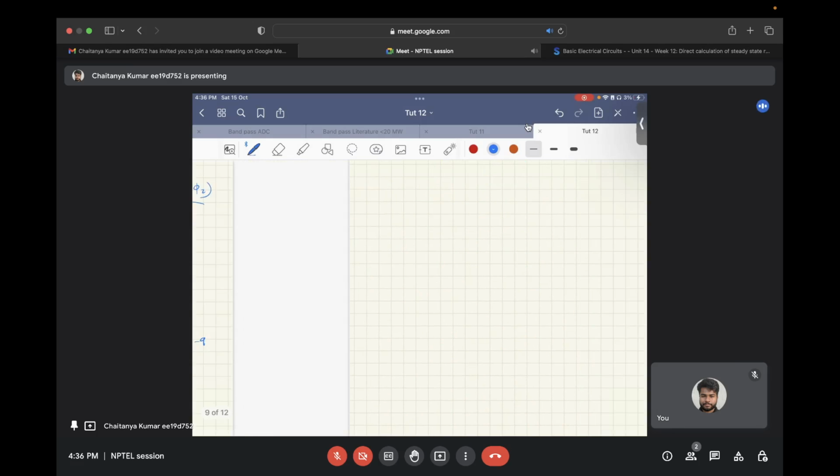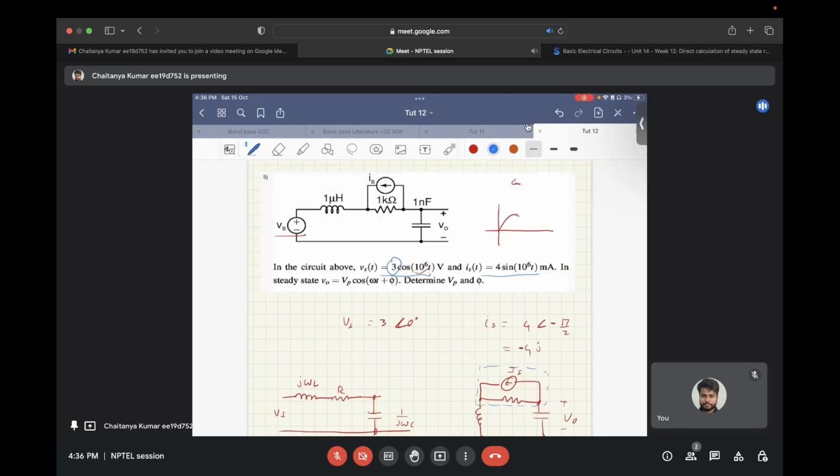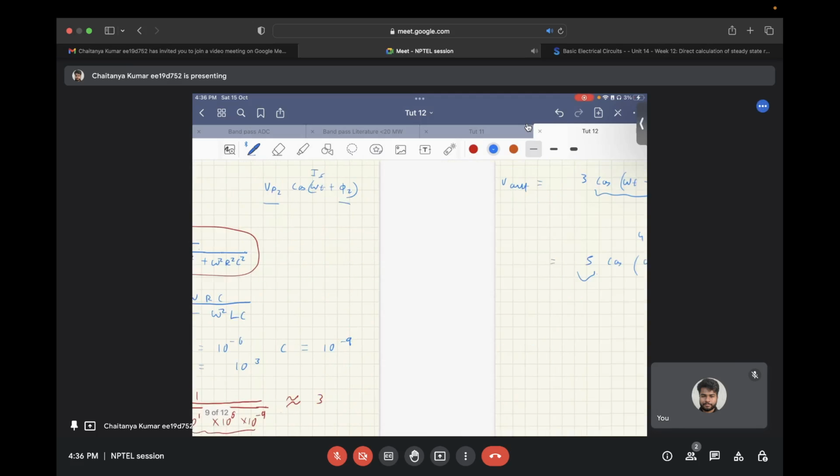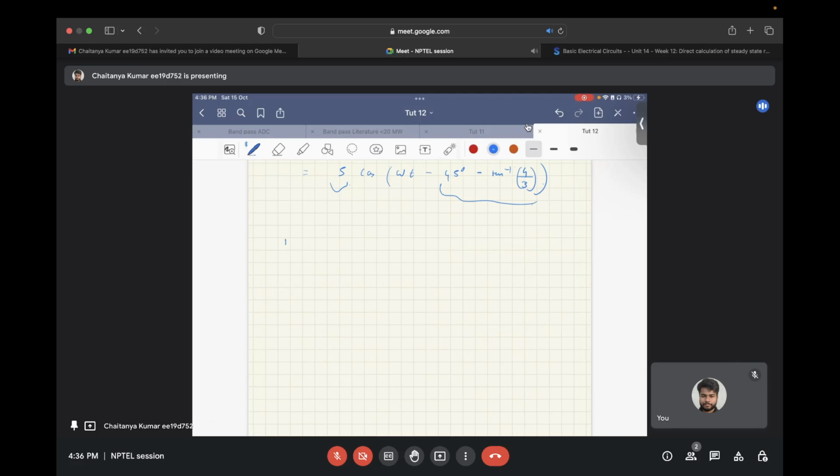Now this could also have been done with phasors. In that case, you would not have gone into the sine and cosine details. You would have just written 3 at 0 degrees.